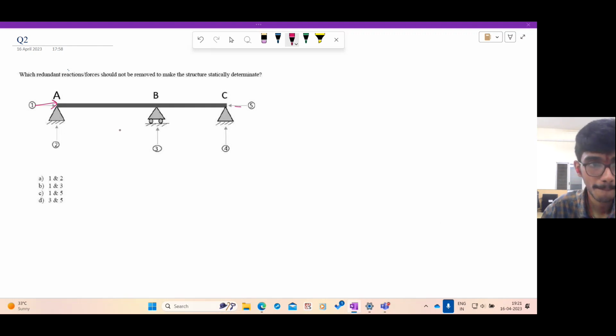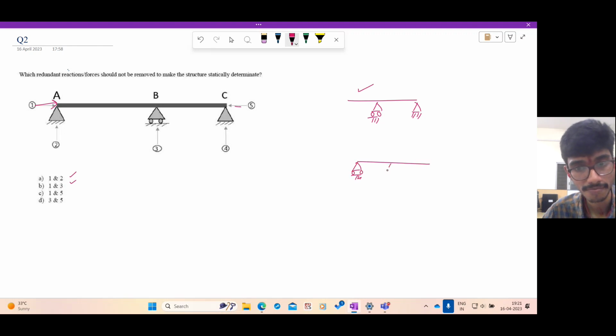In this case, if you remove 1 and 2, what happens? You will get a structure like this. Yes, this is statically determinate and stable. So this is allowed. And if you remove 1 and 3, you get a structure like this.